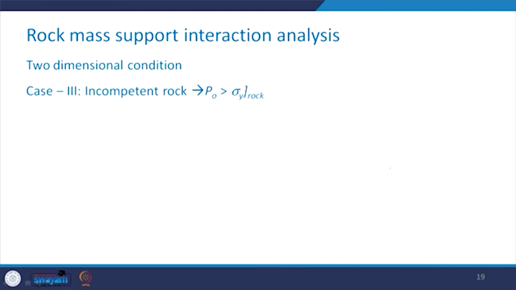Let us go to the next case in which you have the incompetent rock with P naught more than the yield stress for the rock. Let us try to draw in this case how the ground is going to behave without the support system, that is on immediate excavation, and if we leave it like that, how it is going to behave.